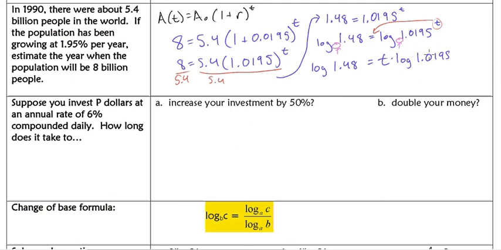All right, now whatever log base 10 is of 1.0195, I'm going to divide both sides by that, so I'm down to just t.